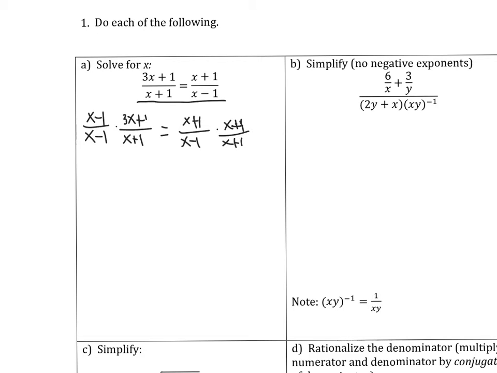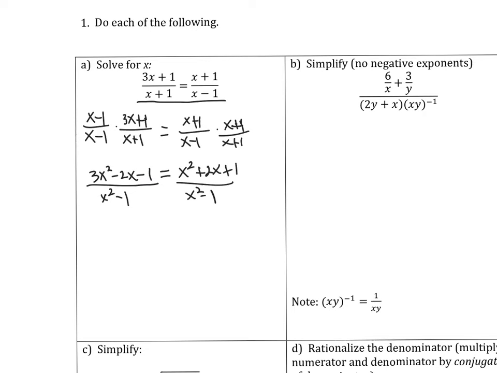Okay, so that's going to give us, when we multiply 3x plus 1 times x minus 1, 3x squared minus 3x plus x, so minus 2x minus 1, is equal to x squared plus 2x plus 1. And in each case, it's going to be with a new denominator of x squared minus 1.